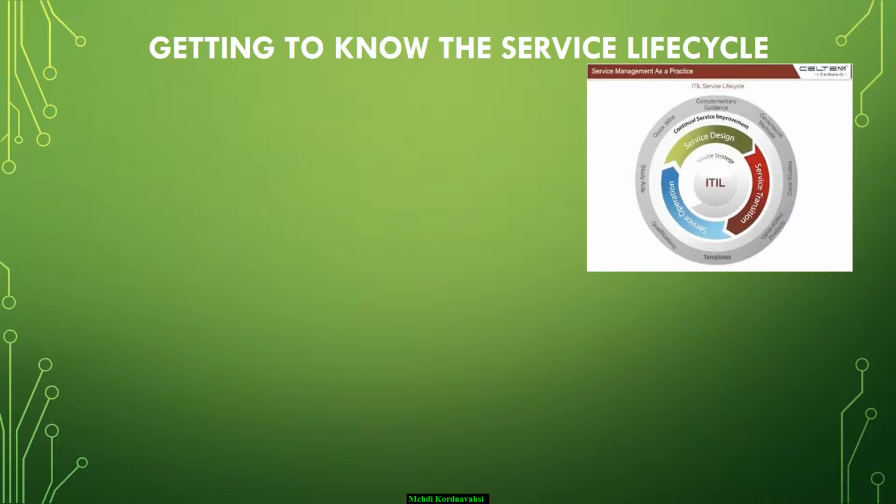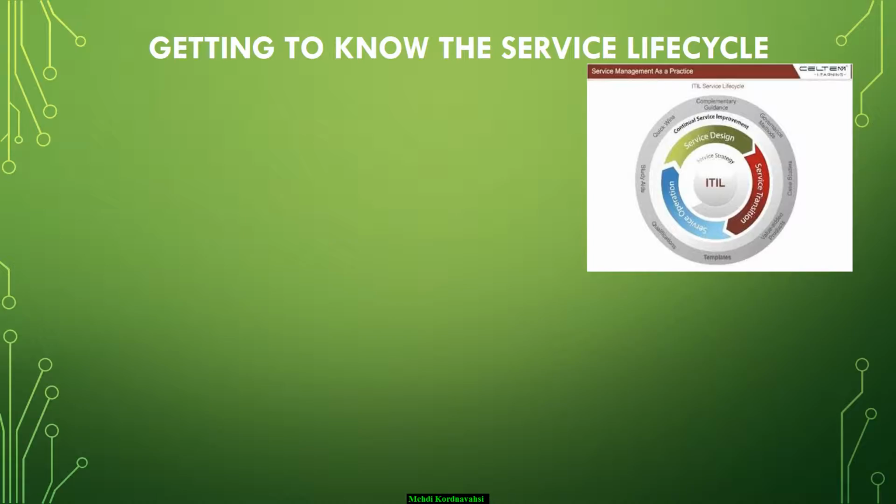ITIL is best practice guidance and describes capabilities for managing IT services. The four main elements of these capabilities are process, functions, roles, and the service life cycle.